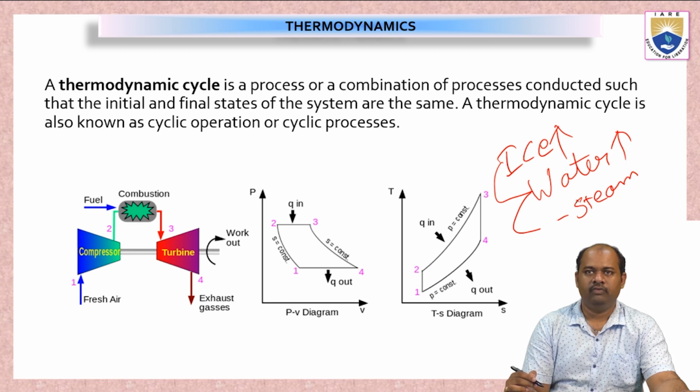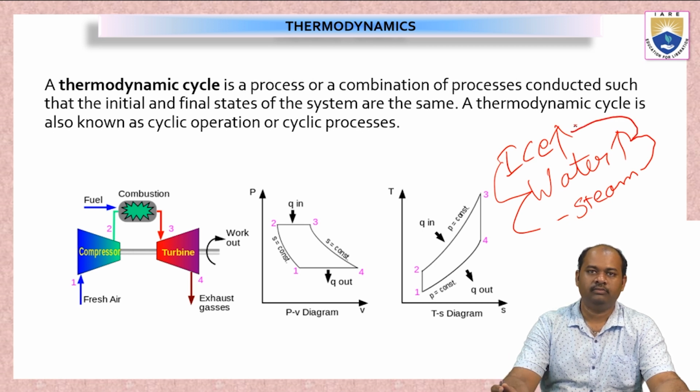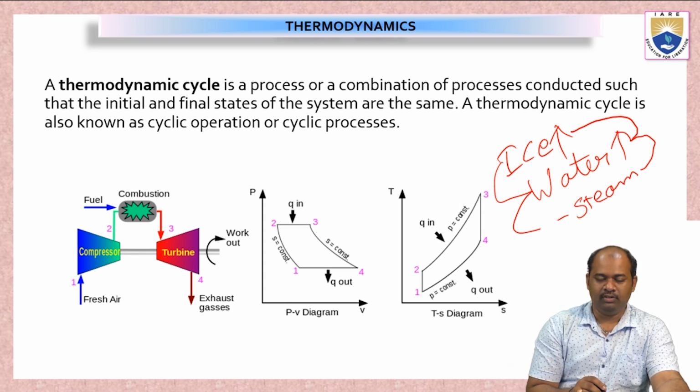And again, if I reverse the process, if I cool the steam, it will convert into water. And with further cooling, the water will be converted into ice. Now this is a cyclic process where the initial and final stage of the thermodynamic system is the same.